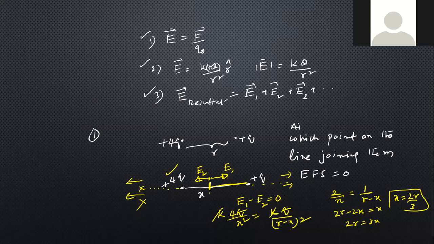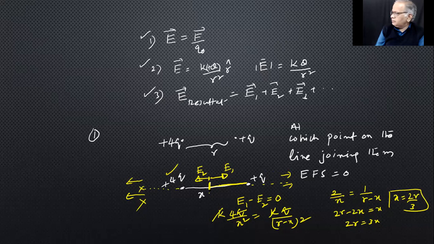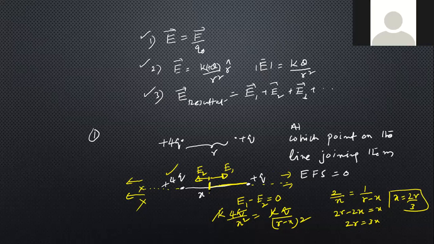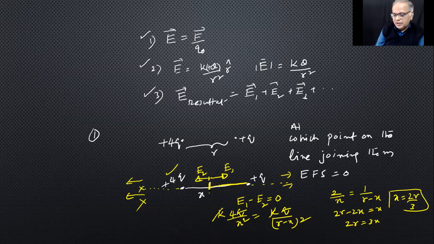Yes. At midpoint? Hello? Tell me. No, sir. You said midpoint, I got that. Net field strength at this point is 0. That means if I placed any charge here, the force on that would be 0 is the idea.